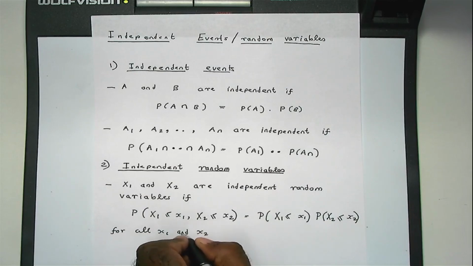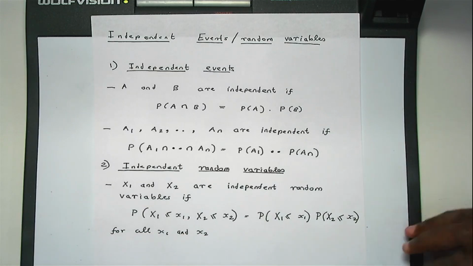So if this condition is true for all x1 and x2, then the two variables x1 and x2 are independent.